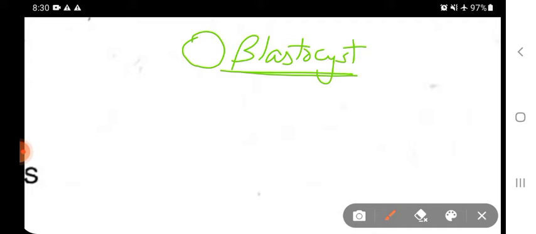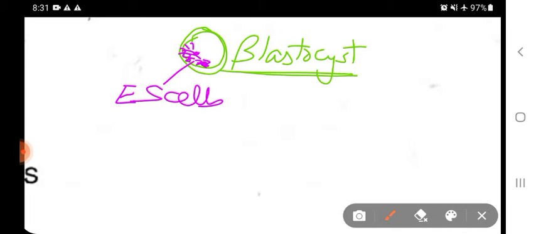The blastocyst stage is a later stage where, inside the blastocyst, there are certain cells, and those cells found inside the blastocyst of your embryo are called embryonic stem cells. These embryonic stem cells can differentiate and give rise to different cells.